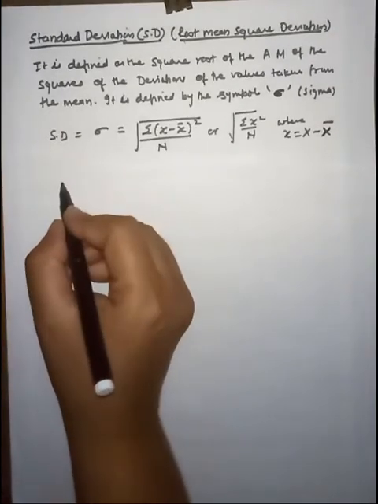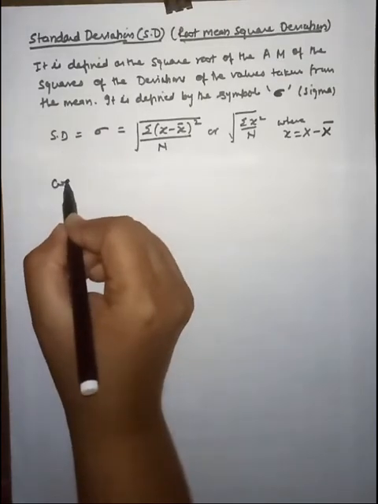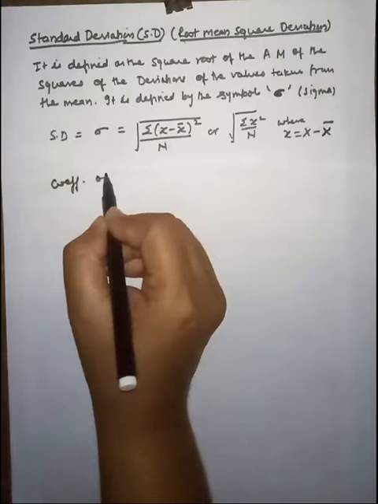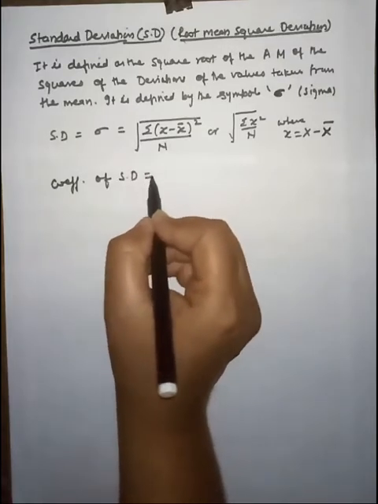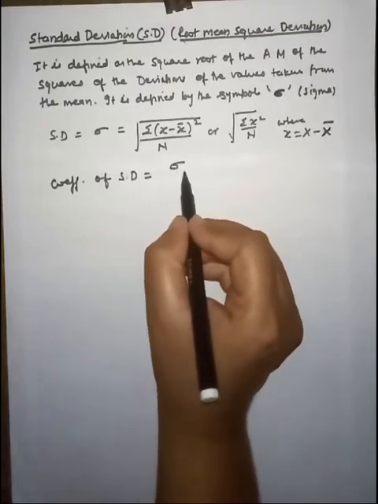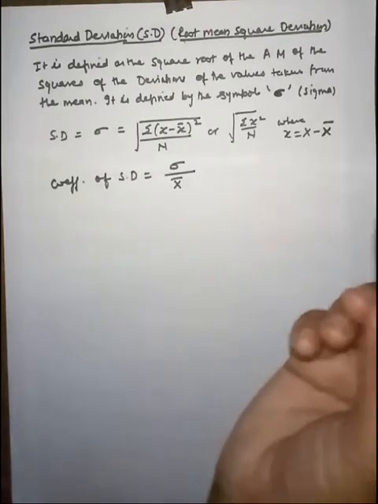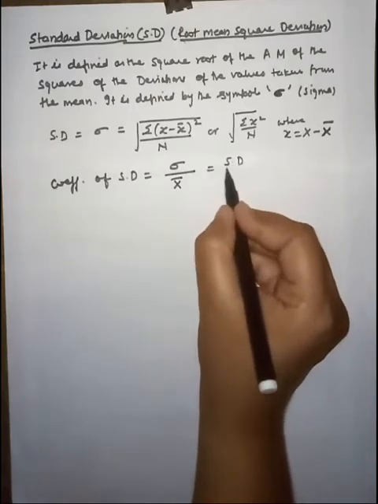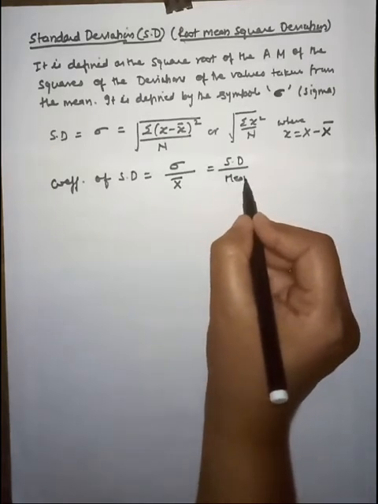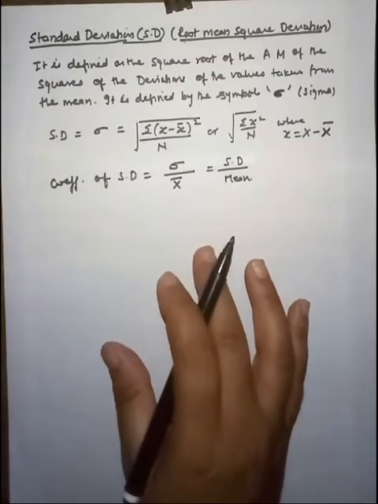And what is the coefficient of standard deviation? Coefficient of standard deviation equals standard deviation upon mean, right? So this is the coefficient of the standard deviation.